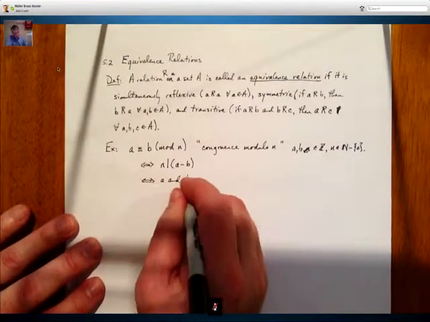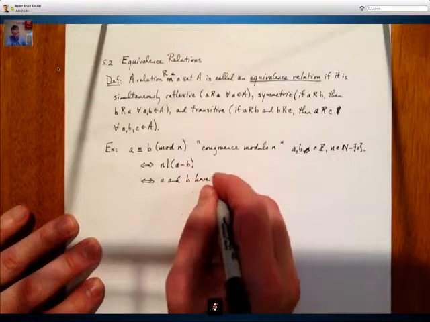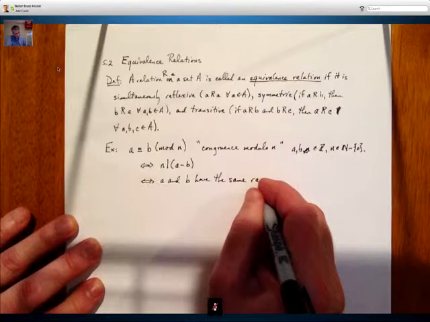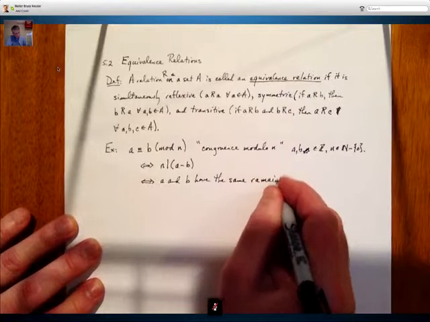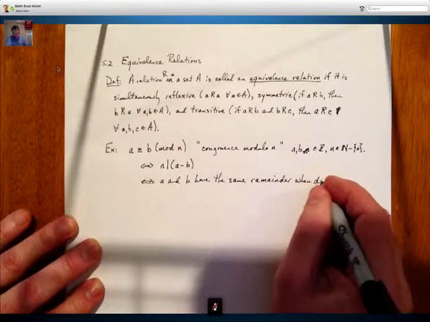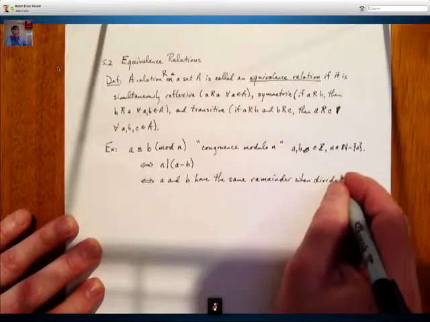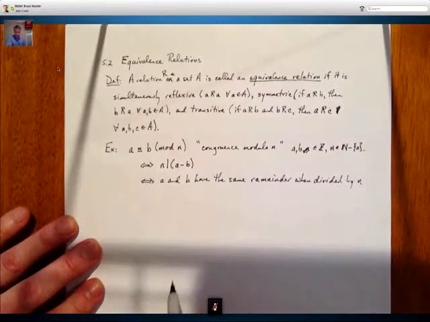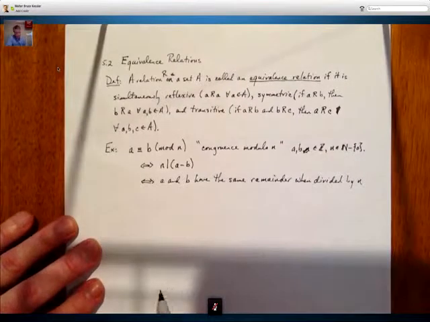A and B have the same remainder when divided by n. And it's really not too terribly tough to see that.